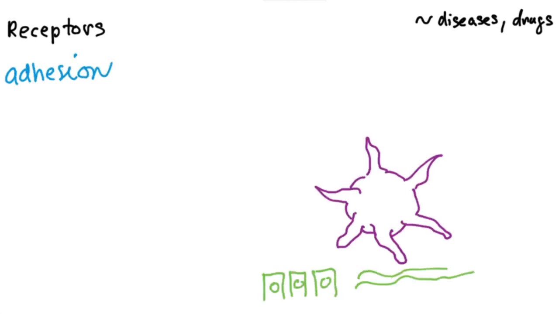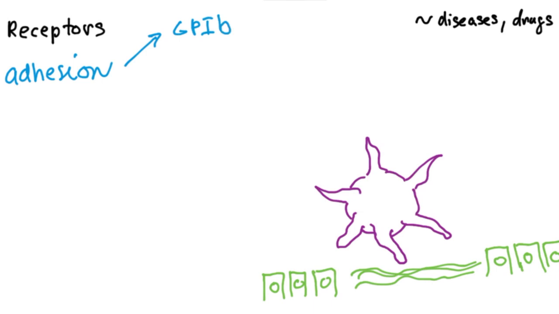The first receptor I want to mention is the GP1b receptor, where GP stands for glycoprotein. The GP1b receptor is able to bind von Willebrand's factor, but watch out, it's a special thing where the von Willebrand's factor has to be first immobilized on a surface. In this case, it means immobilized as it is attached to collagen.